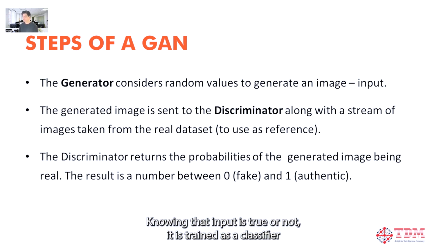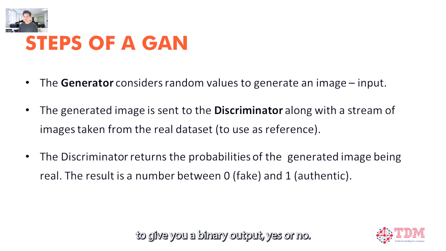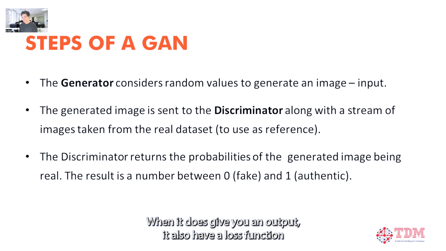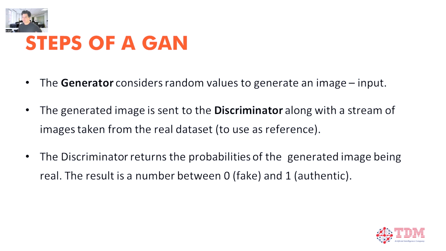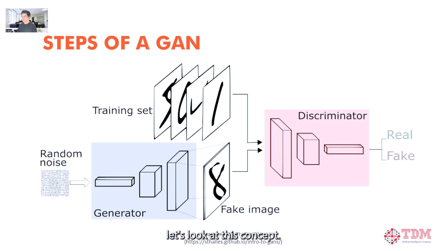It is trained as a classifier to give you a binary output, yes or no. When it gives you an output, it also has a loss function which feeds back to the generator, and the generator will learn from it and move on to create new input to re-challenge the discriminator.